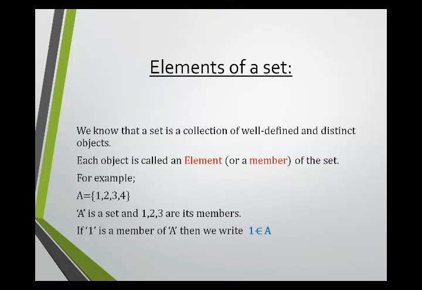Here A is a set and 1, 2, 3, 4 are its members. If 1 is a member of A, then we write 1 belongs to A. As you see, students, here I write a symbol which looks like E. This symbol is called belongs to.